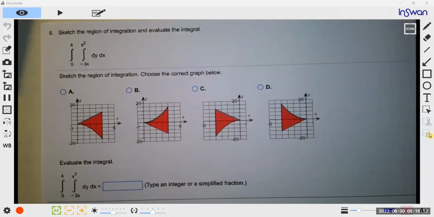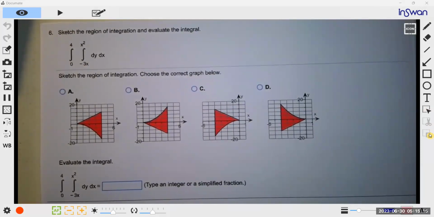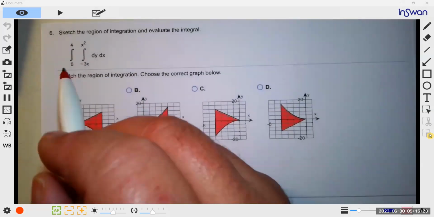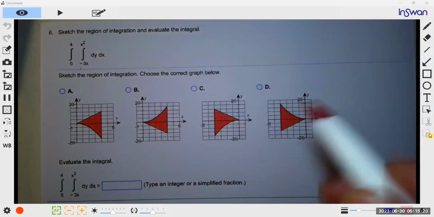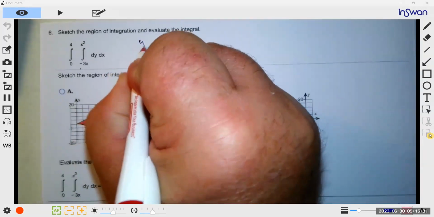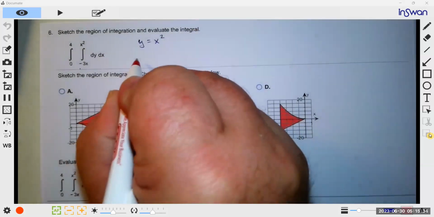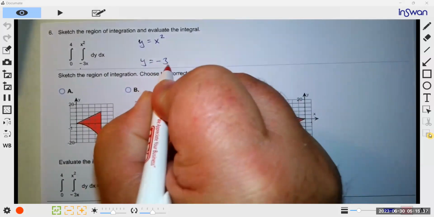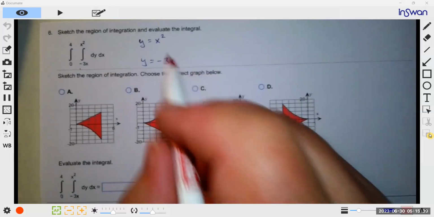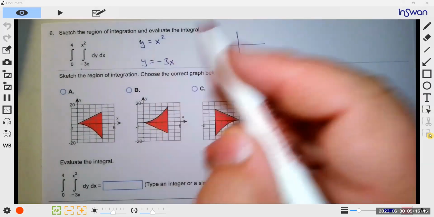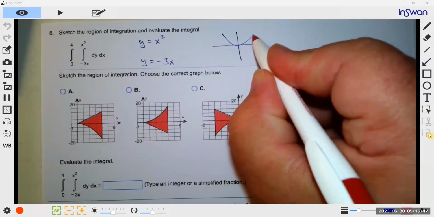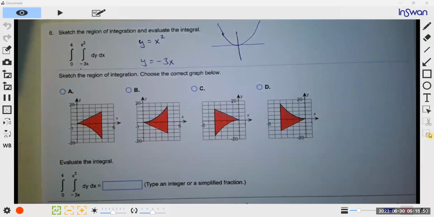Okay, number 6 is just asking us to graph that function and then integrate it. So looking at this function here, what do we have? We have 2 parts: y equals x squared, and y equals negative 3x. If we graph both of those, x squared looks like that.